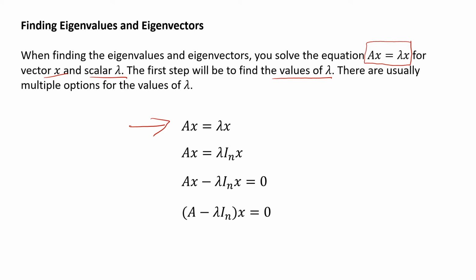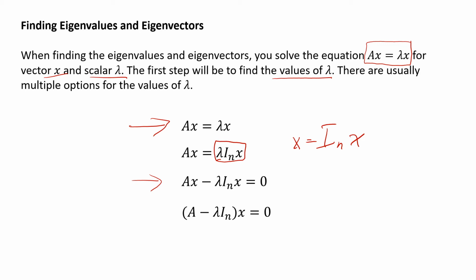One thing that we know is that lambda x, we can stick the identity matrix in there, and we get the same thing, because the identity matrix times our vector is just the vector. Now that's using that x is equal to the identity matrix times x, where x is our vector. So the next step, take that stuff on the right-hand side and bring it over to the left.